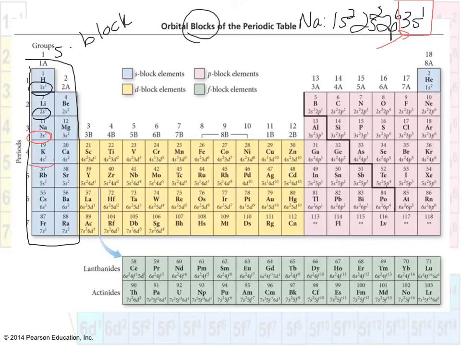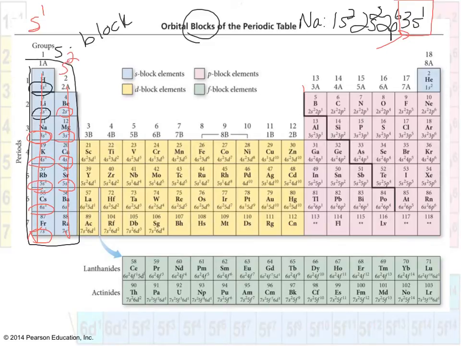So take a look at all of the highest energy levels in the electron configurations for all of the elements. If you look down a group, all of the elements in that group share the same ending to the electron configuration. So the first group all end in s1, the second group all end in s2. That's called the S block.